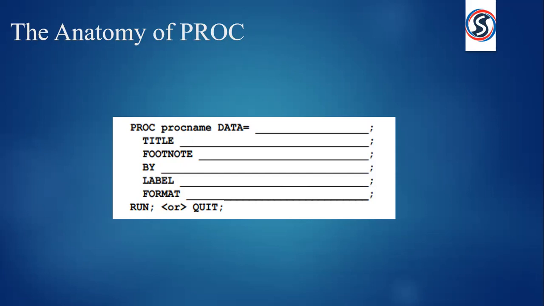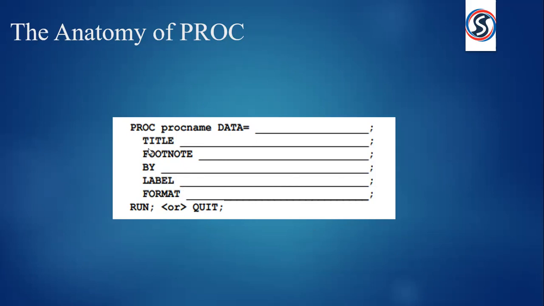You can use them whenever you require them. Although the statements and options vary from procedure to procedure, the basic anatomy of the PROC looks like what we are seeing on this screen: the PROC name, data, title, footnote, by, label, format, and those things.